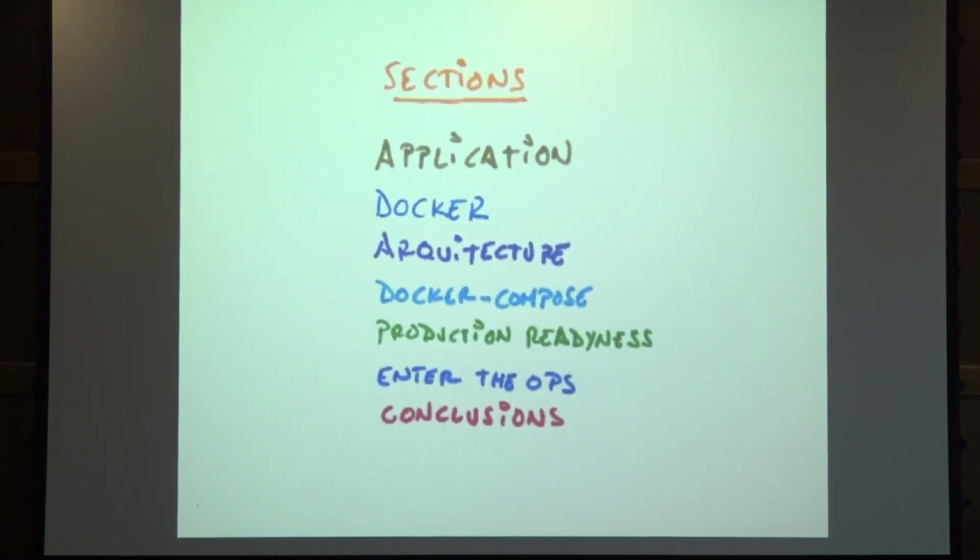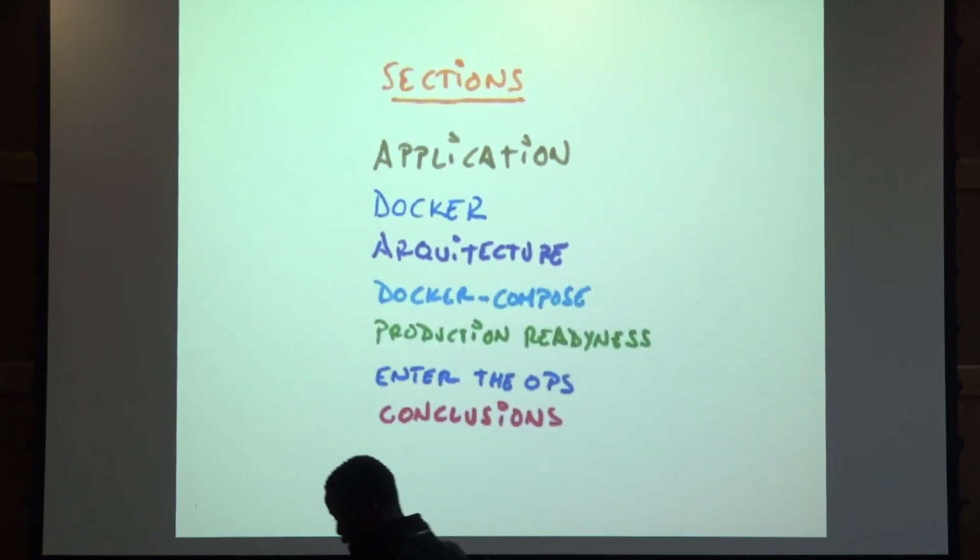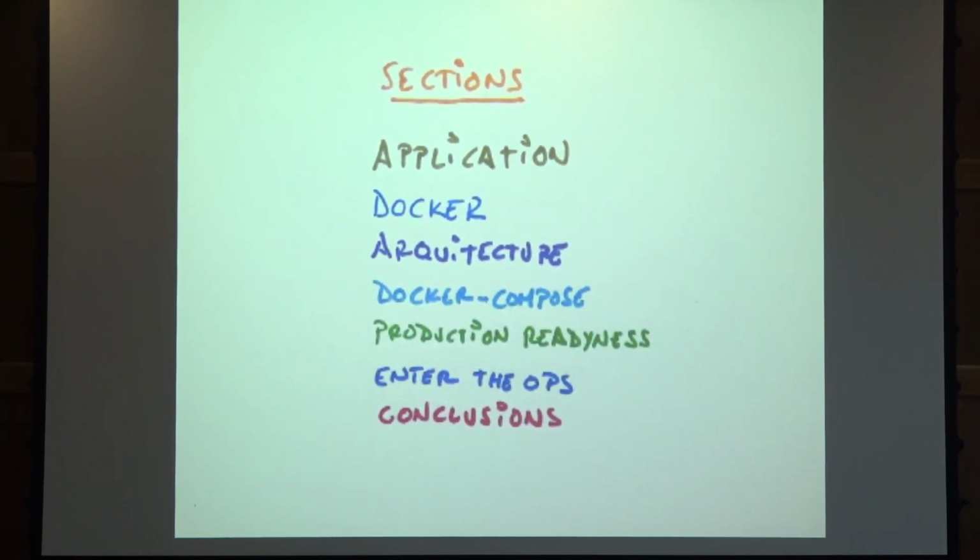This is the structure of how we're going to talk about it. First, the example application, which is not necessarily very interesting. The idea is to have a skeleton that you can change and put things into. Then a little bit about Docker, in a more generic view of how it's used and what principles make Docker interesting. The architecture of the system, very briefly, and how that architecture gets transformed into a Docker Compose file.